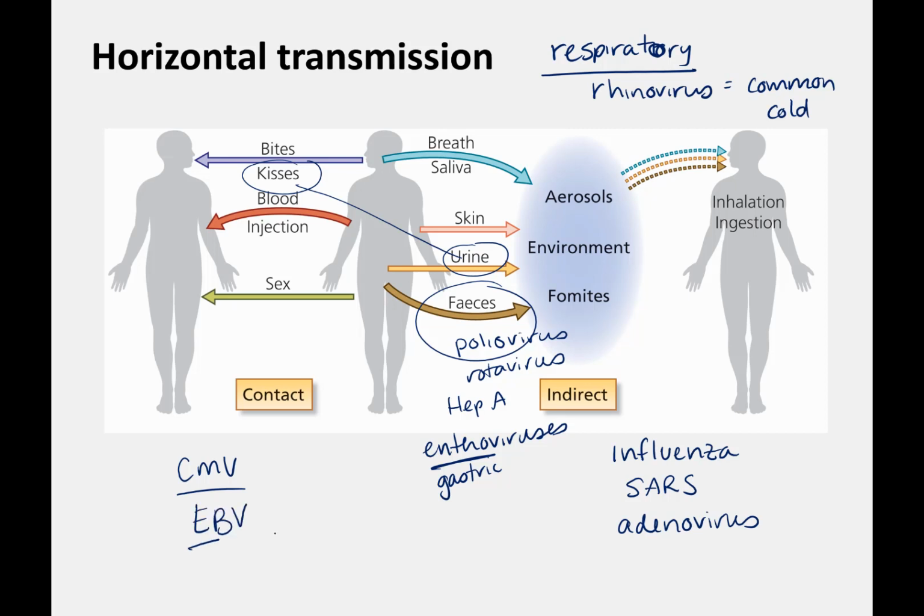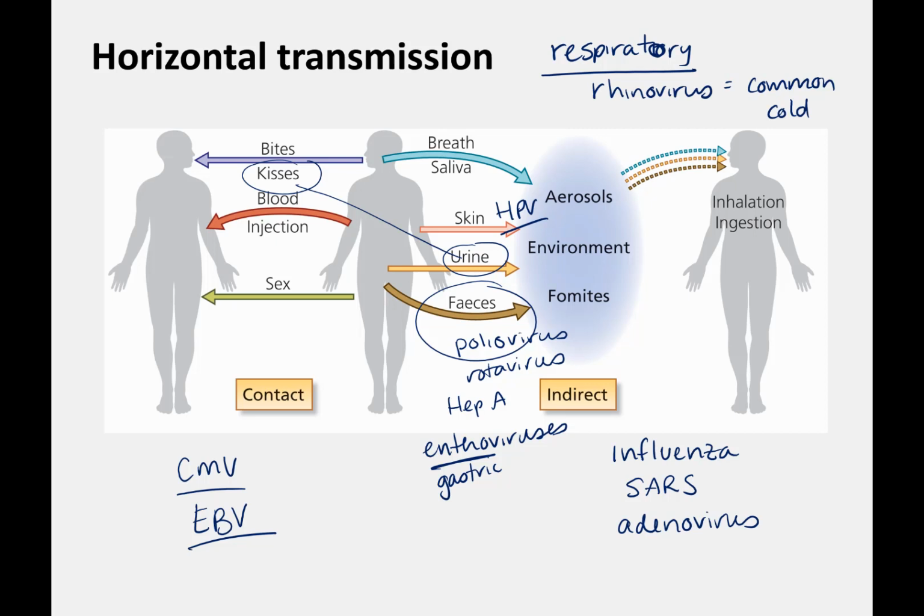Epstein-Barr virus, which causes mono. We used to call it the kissing disease when I was a kid. That can be transmitted through the saliva. Skin, hepatitis, sorry, not hepatitis, human papillomavirus, HPV.